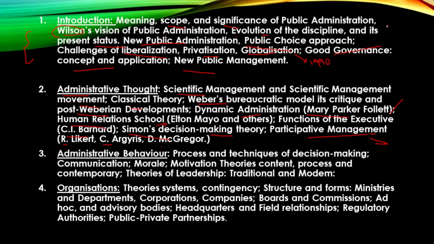For the first unit, you can refer to books like Mohit Bhattacharya and then Arora and Goyal. For the second unit, you need to study the book Administrative Thinkers by Prasad and Prasad.